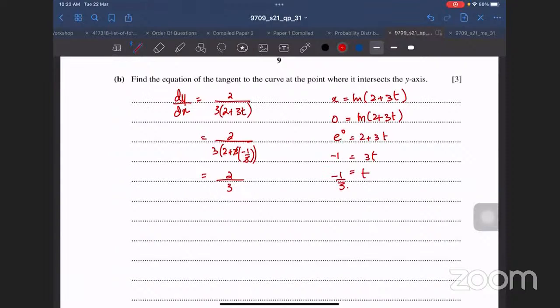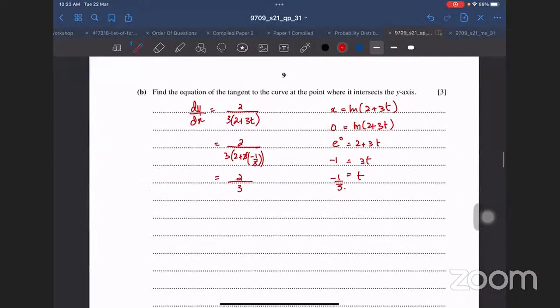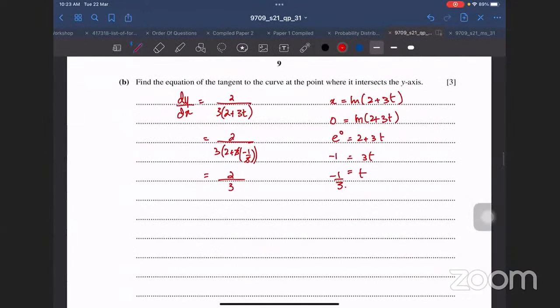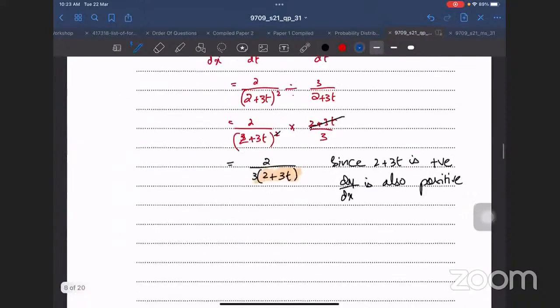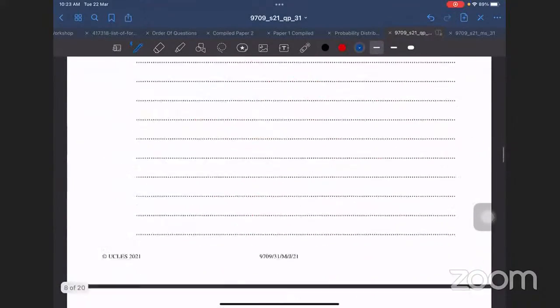And then I can find out what the y coordinate is, t over 2 plus 3t.